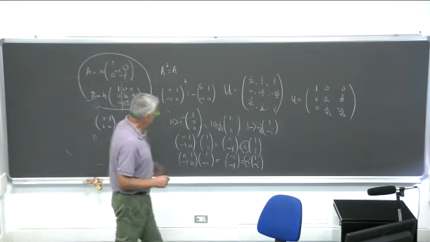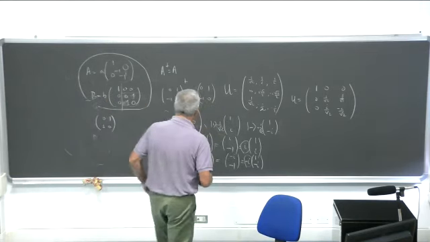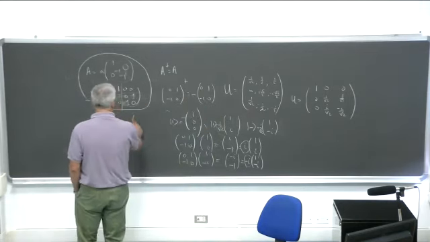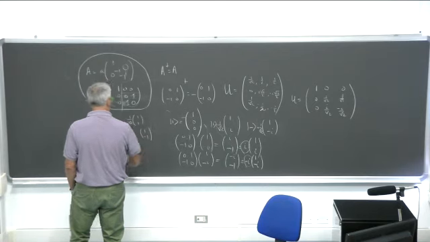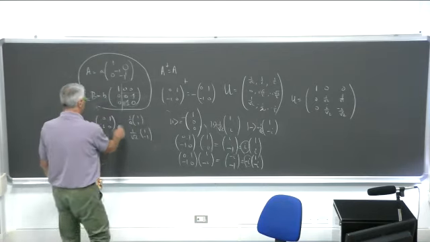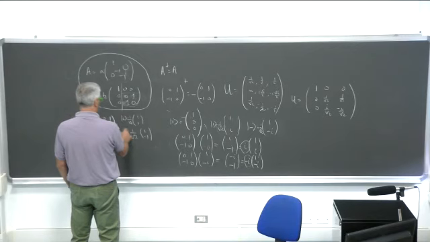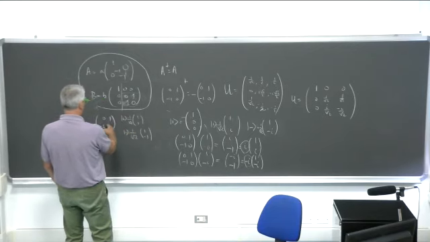Well, they are very simply related to this. One is 1 over square root 2, 1, 1, and the other is 1 over square root 2, 1, minus 1. These are eigenstates of this matrix with eigenvalue plus 1 and eigenvalue minus 1.